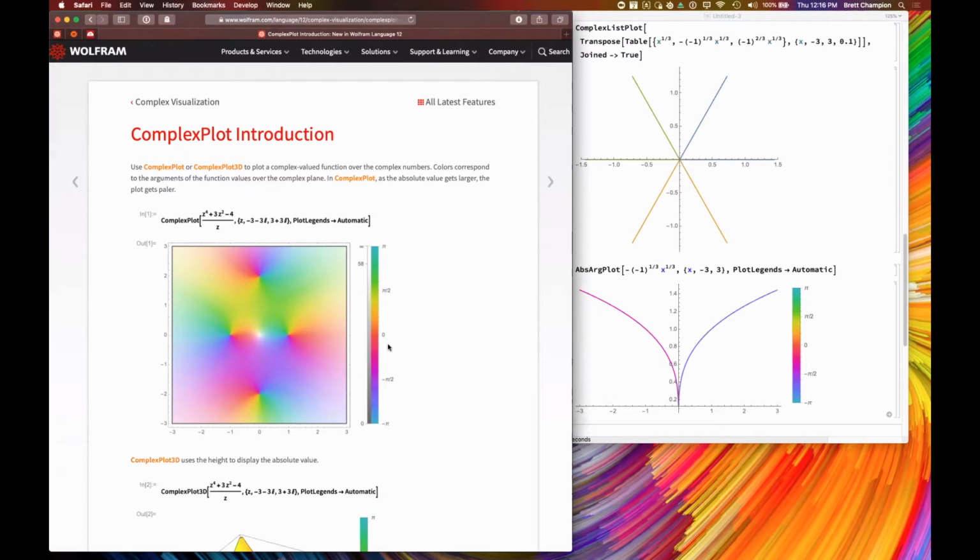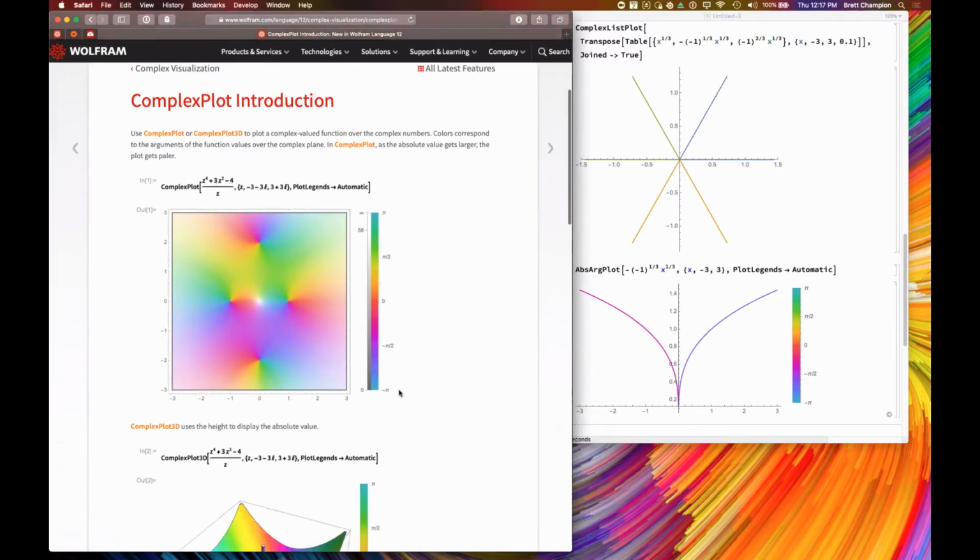And for the absolute value, we have, by default, this sort of lightening of the color as it increases in magnitude. And so as you approach infinity, you sort of get close to pure white. And down by 0, you get sort of the full saturated colors. So that's complex plot.